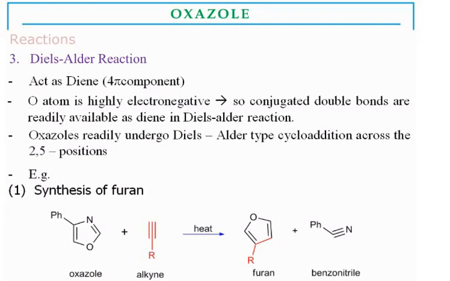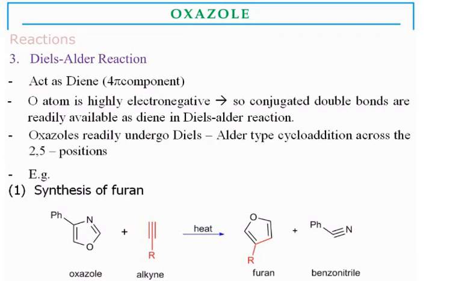Important reactions like Diels-Alder reactions, oxazole acts as diene for pi components. Oxygen atom is highly electronegative, so conjugated double bonds are readily available as diene in Diels-Alder reaction. Oxazoles readily undergo Diels-Alder type cycloaddition across the 2,5 positions.